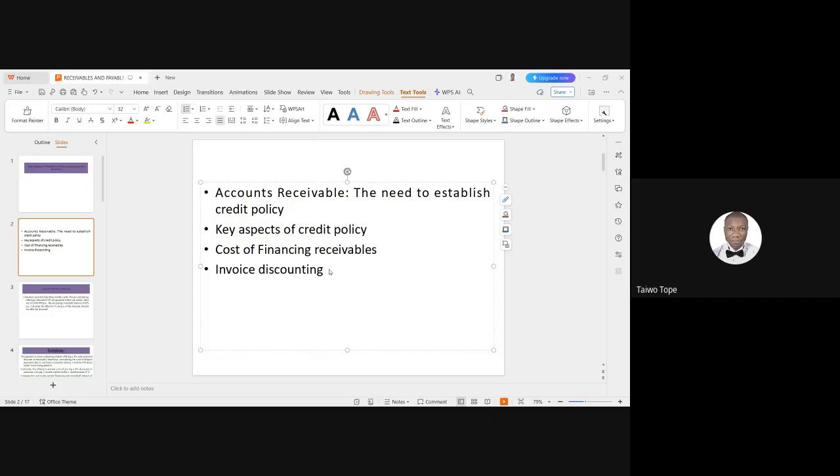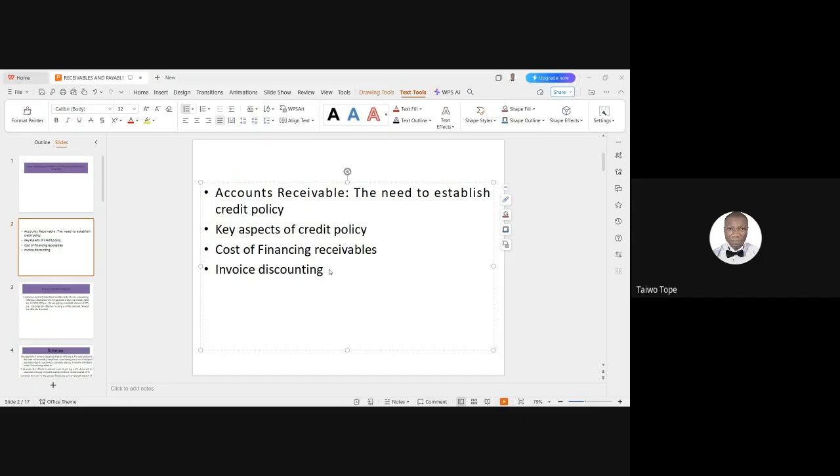If your customers are coming daily to demand for your goods, it is a fast moving product, it means your credit policy should be very strict. But where your goods are not moving very fast, it means you can have a flexible credit policy.